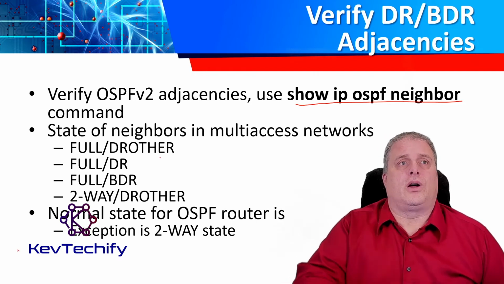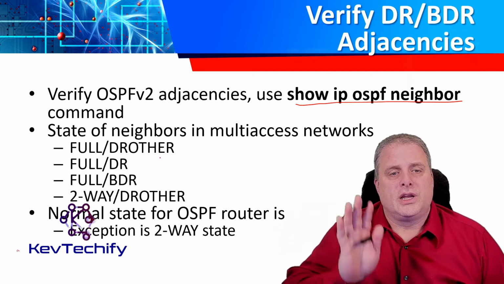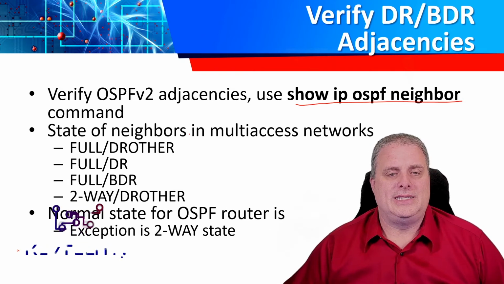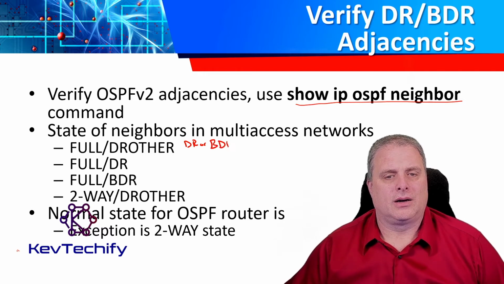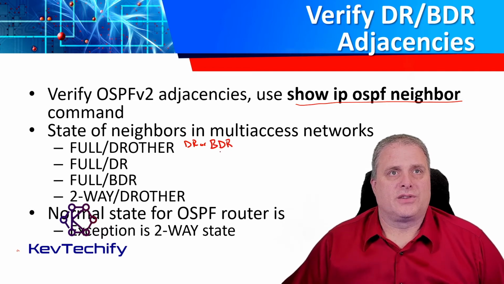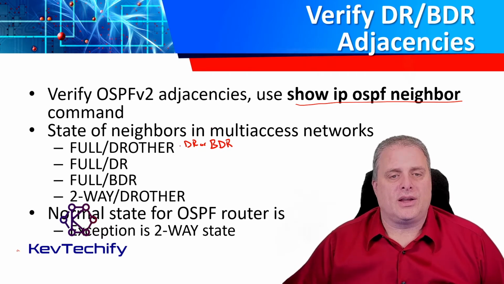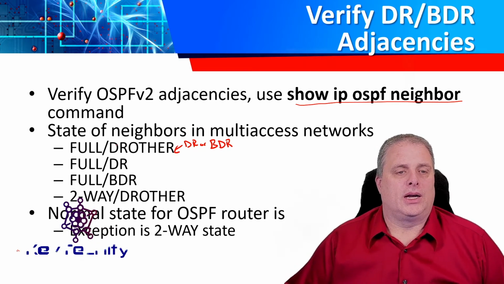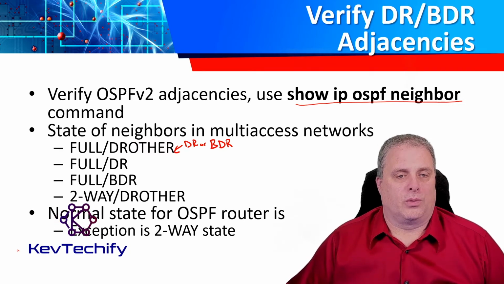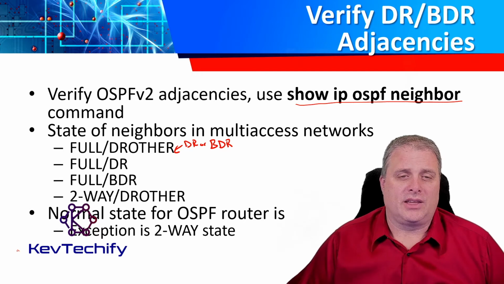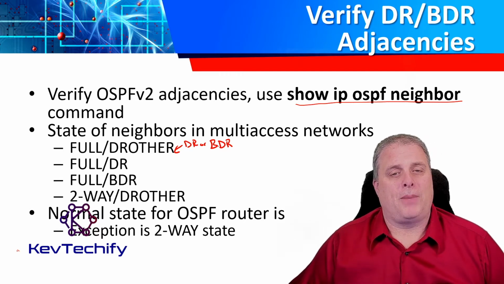For the full state, this is either a DR, a designated router, or a BDR that is fully adjacent with a DR other. Because remember, a DR other is an OSPF router that's not the designated router or a backup designated router.